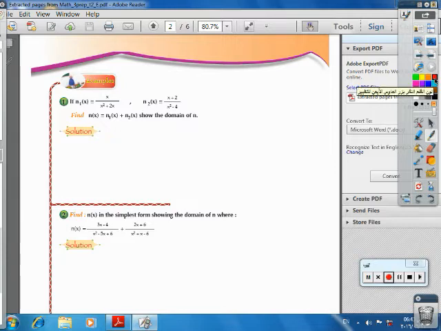First, n(x) equals x over x² + 2x plus, now we add n1 plus n2, (x + 2) over x² − 4.